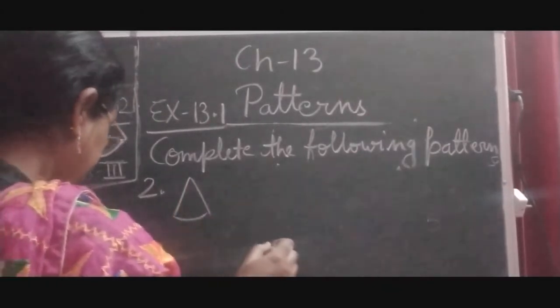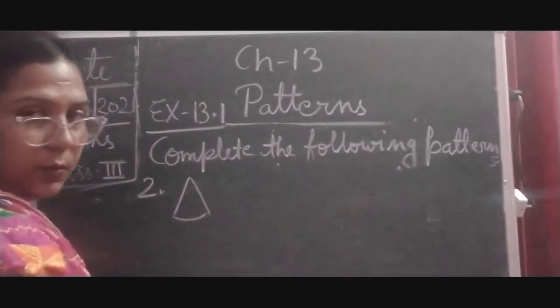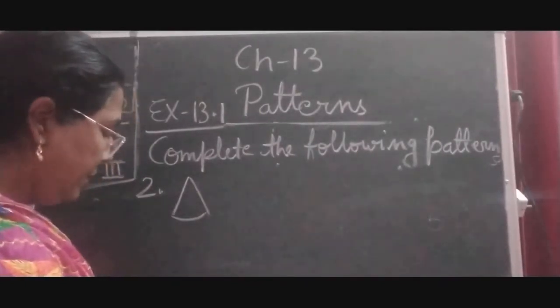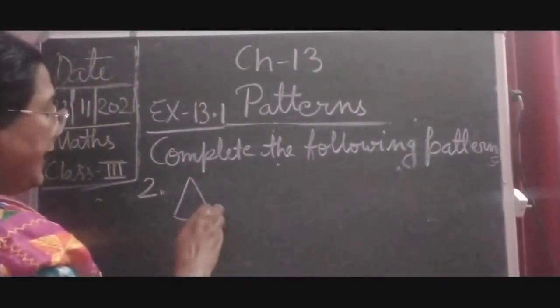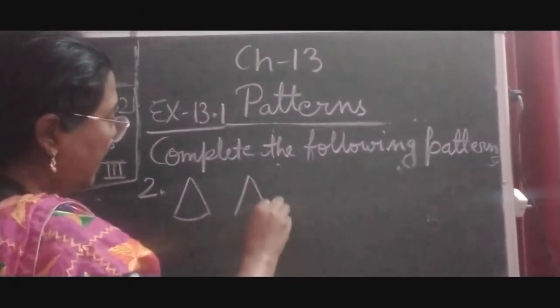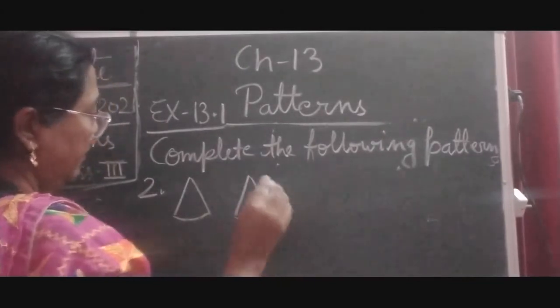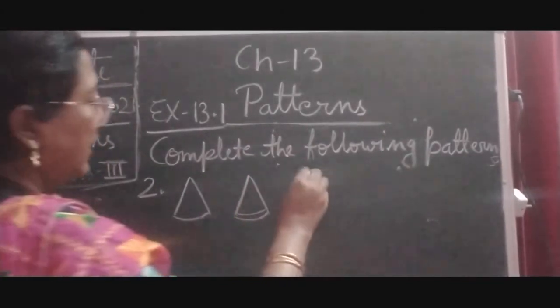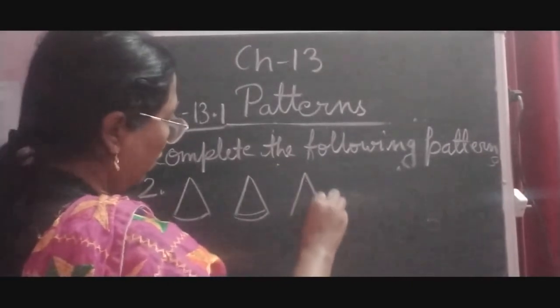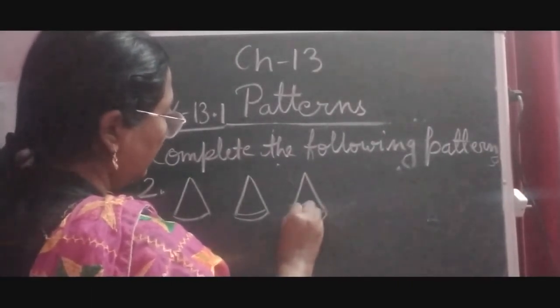Simple cone is there, and you just see in this question number 2, no line is there, it is a simple cone. The next pattern of this cone has one more line. Okay, and the next cone has one more line.